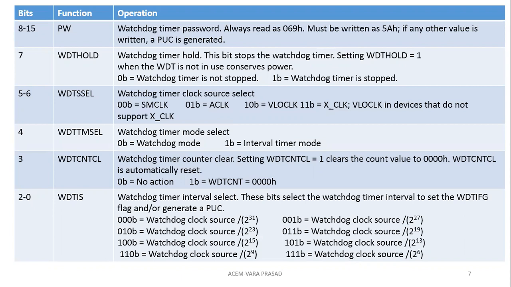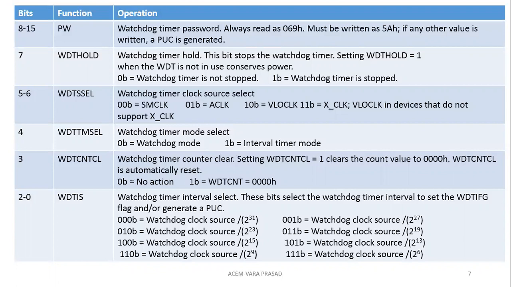Hold means the watchdog timer is stopped by using this bit. If it is 0, the watchdog timer is not stopped. If it equals 1, the watchdog timer will be stopped. And similarly, the 5th and 6th bits are used for watchdog timer source selection.